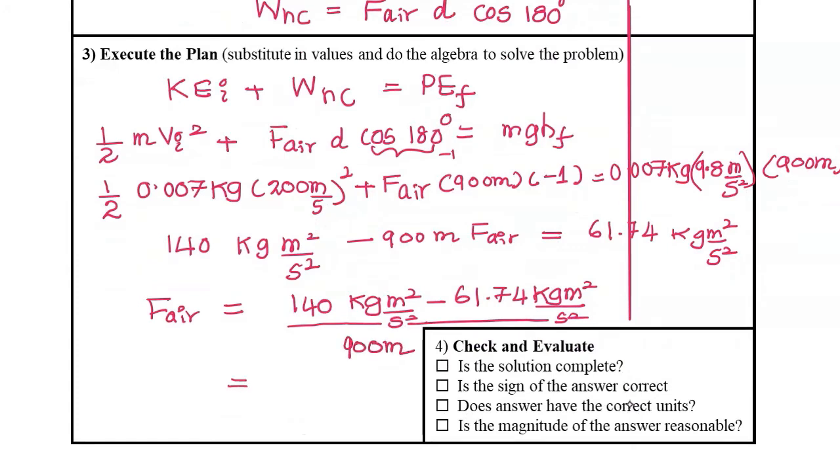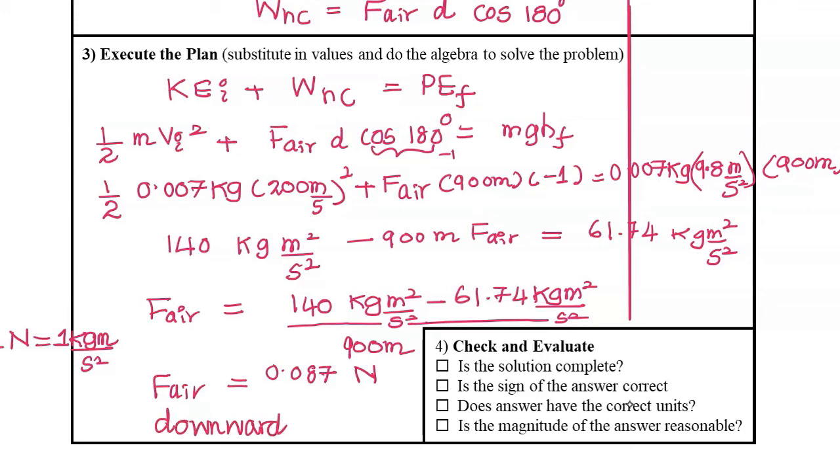Then I'm going to separate out the average force of air resistance and solve for it. Once I solve for it, I get 0.087 newtons. This is the magnitude of the average force of air resistance, and 1 newton is equal to 1 kilogram meter per second squared, so you get the answer in newtons, and this force is acting in the downward direction.